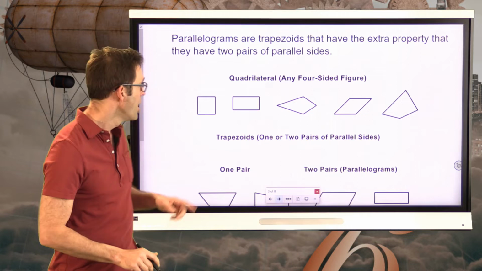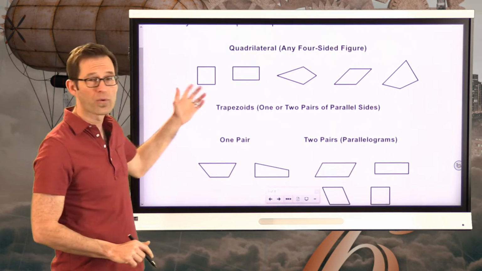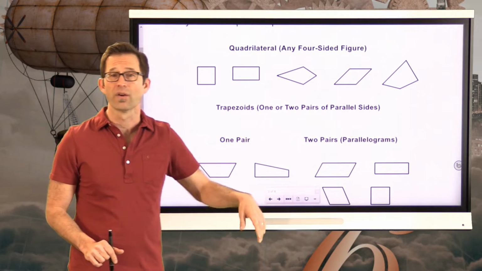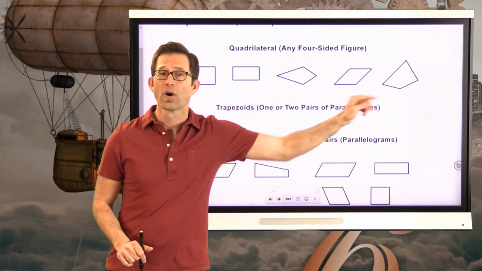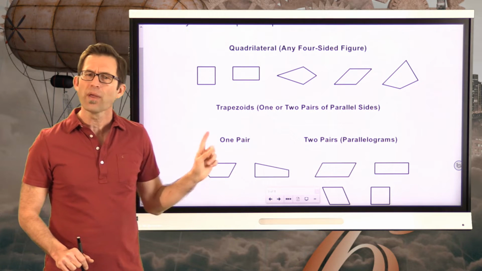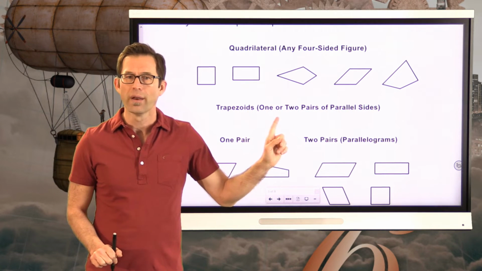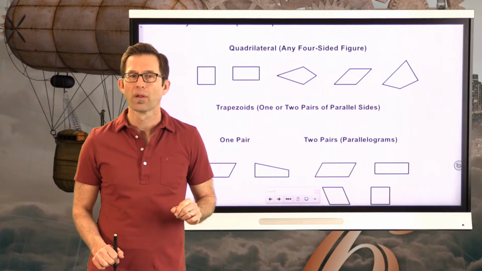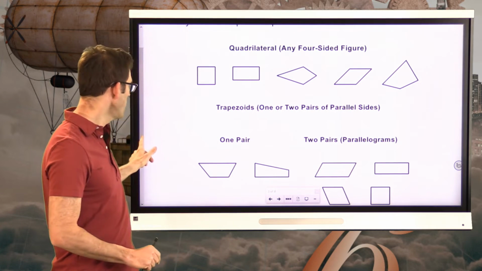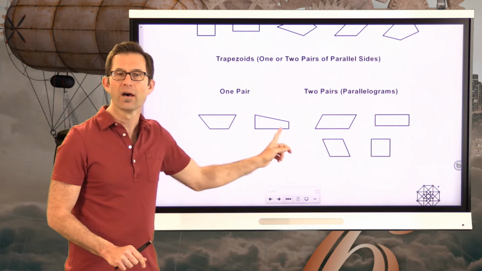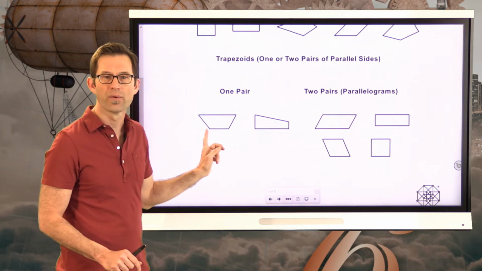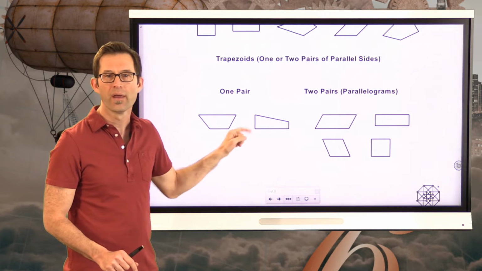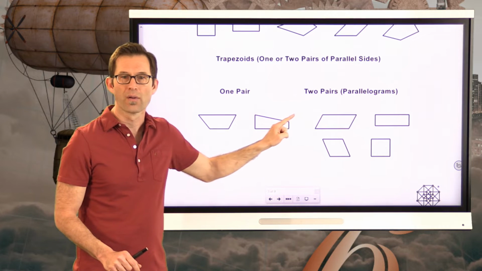The broadest category is quadrilaterals, any four-sided figure. So any of these figures are quadrilaterals. But then we have the trapezoids, which have either one or two pairs of parallel sides. Now, if they only have one pair of parallel sides, they might look like this, with this side parallel to this one, and in this figure, this side parallel to this one.